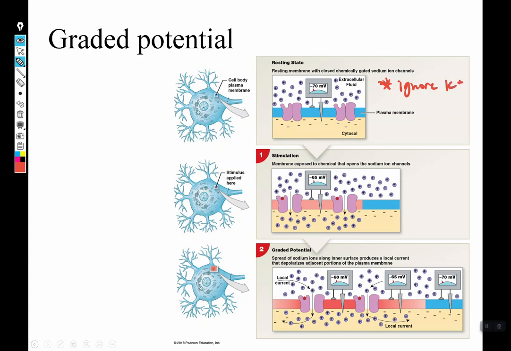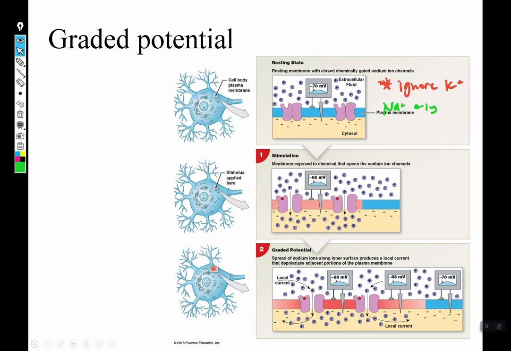Right now we're just looking at sodium. The reason we're looking at sodium is because it's the most frequent ion that causes action and graded potentials, and also it's the one that's most relevant for neurons. There are other options in other places, but this is the main one, so that's why we're focusing on it.